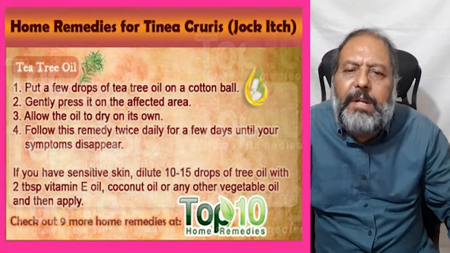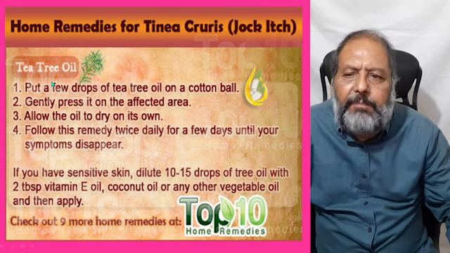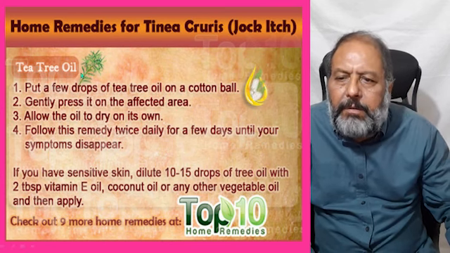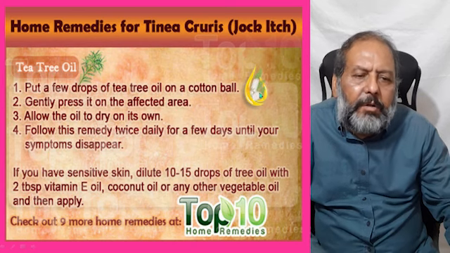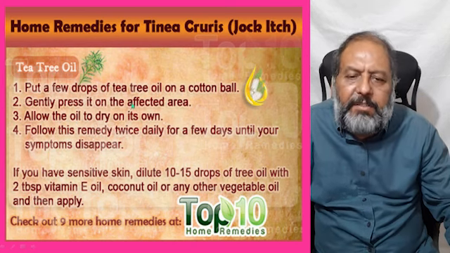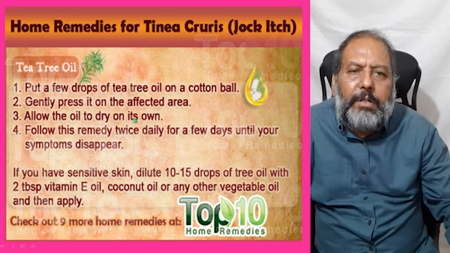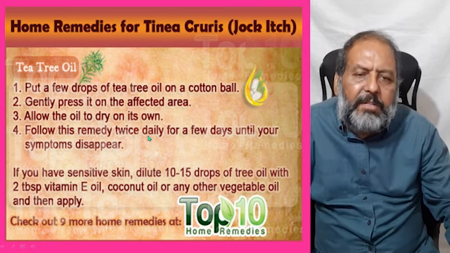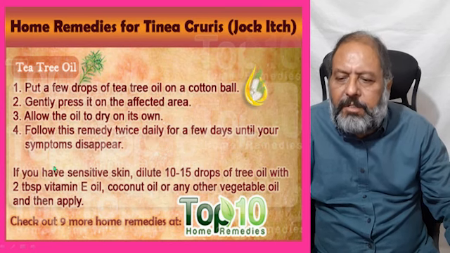Now, home remedies for Tinea cruris or Jock itch: sometimes tea tree oil. Put a few drops of the oil on a cotton ball, gently press it on the affected area, allow the oil to dry on its own, and follow this remedy twice daily for a few days until your symptoms disappear.